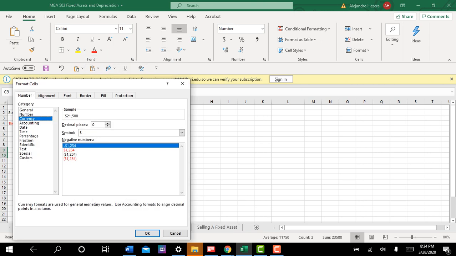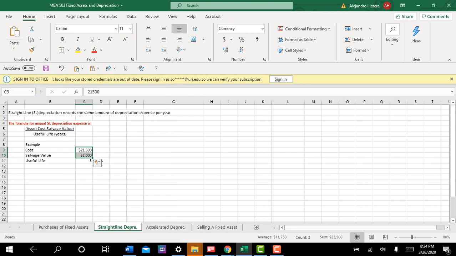I'll put the currency amount in there. So the cost is $21,500, the salvage value is $2,000, and the useful life is 5 years. So we're talking about different units here.